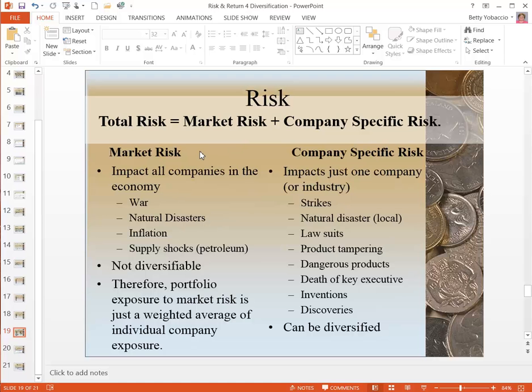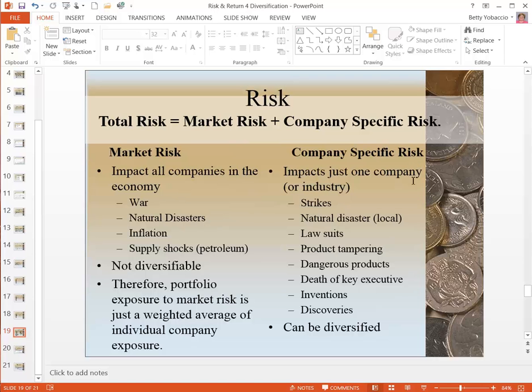Market risk are those kinds of events that, should they occur, are going to impact all companies in the economy to some extent or another. Things like war, natural disasters, inflation, supply shocks. Market risk is not diversifiable. Therefore, portfolio exposure to market risk is just a weighted average of the individual company's exposure to market risk.